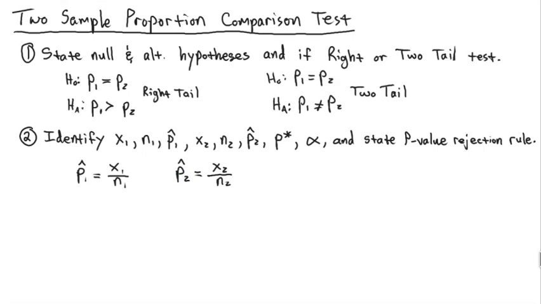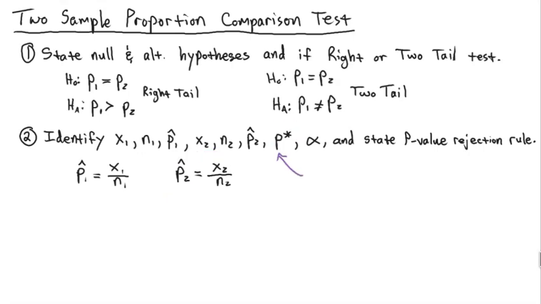And it's very simple. We do the number of successes divided by the number of observations, or the number of successes divided by the sample size, right? So we take the number of successes from population 1 divided by the sample from population 1, and that gives us the proportion from population 1. Same thing for P2.